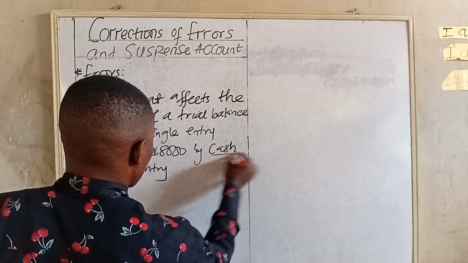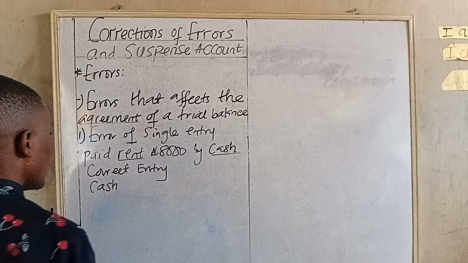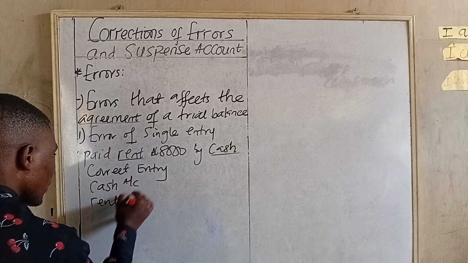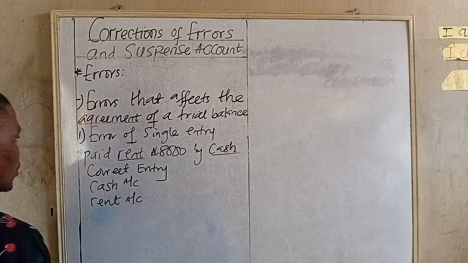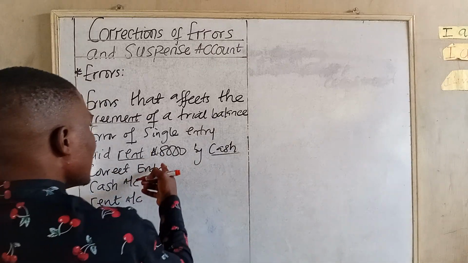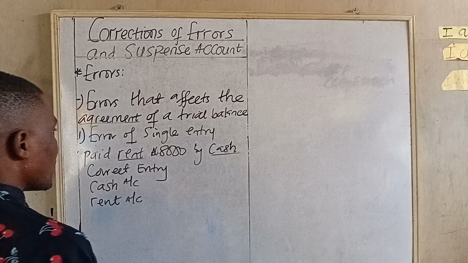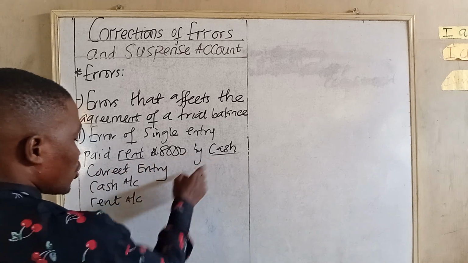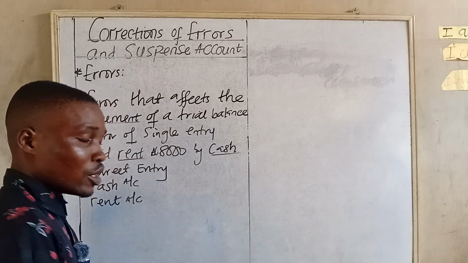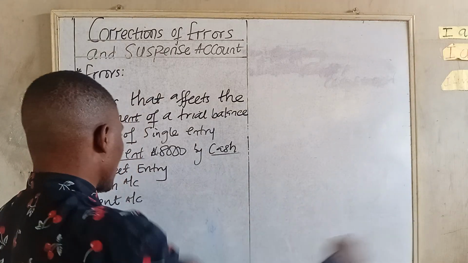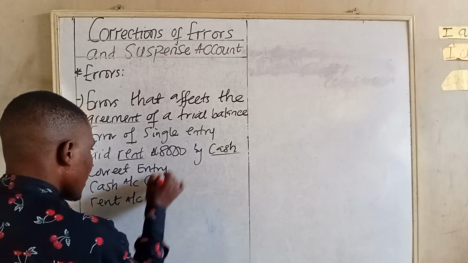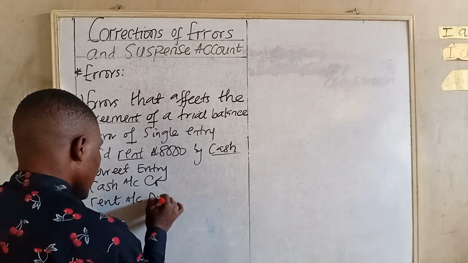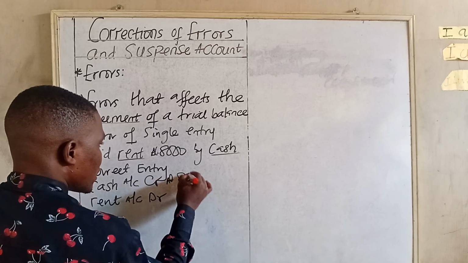We have cash account, we have rent account. If you paid rent 8,000 by cash, you are paying cash. Obviously, your cash is going out. So cash will be credit, while rent will be debit, with the same amount, 8,000.